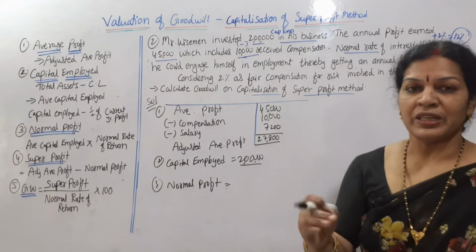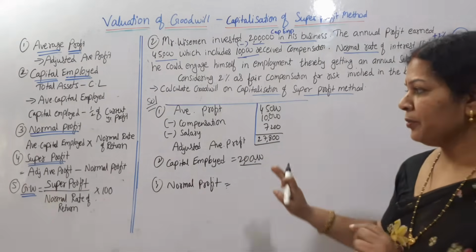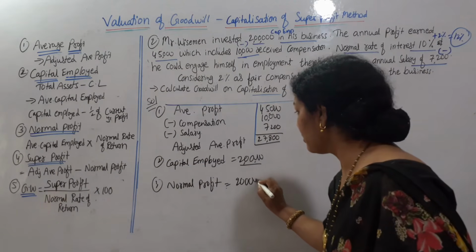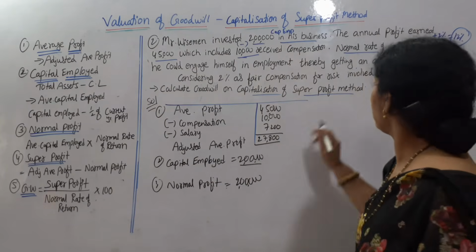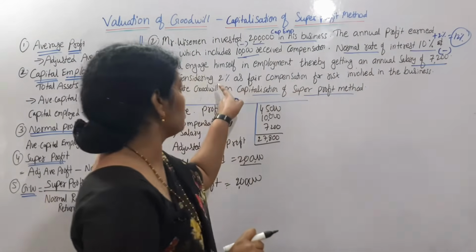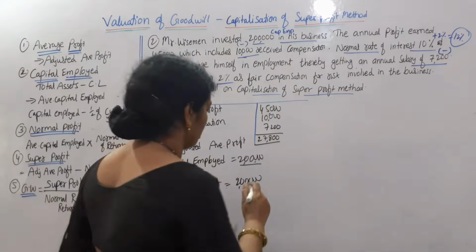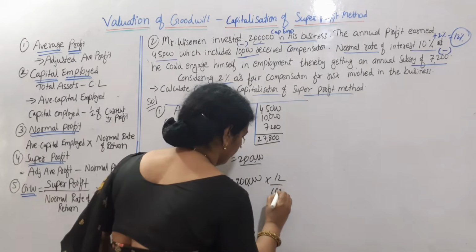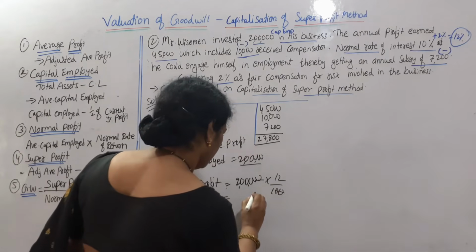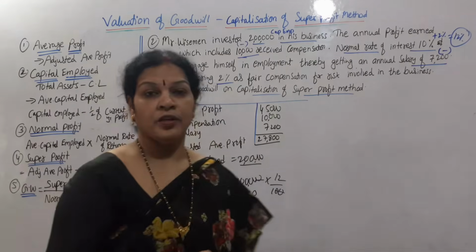It is given directly, so we'll consider it as capital employed, no need to go for average. Capital employed into normal rate of return. Capital employed is 2 lakh into normal rate of return. The normal rate of return is actually 10%, but they are asking us to consider 2 more percent, so together it is 12%. 2 lakh into 12% is 24,000. Normal profit, you got it.